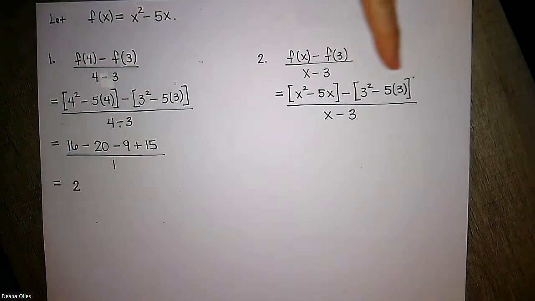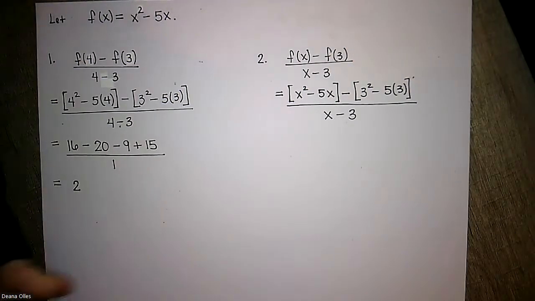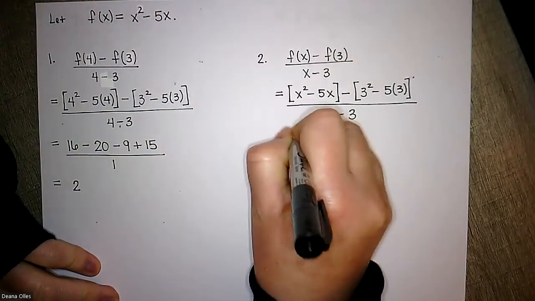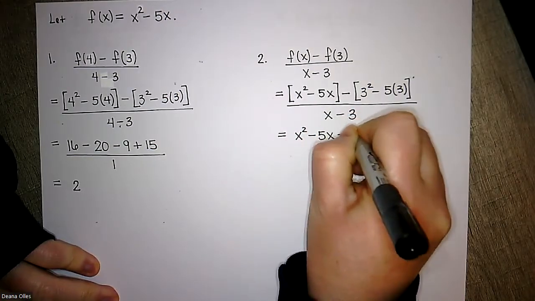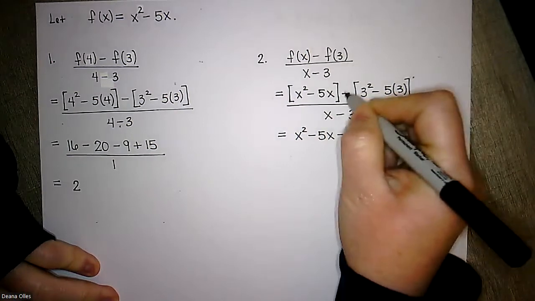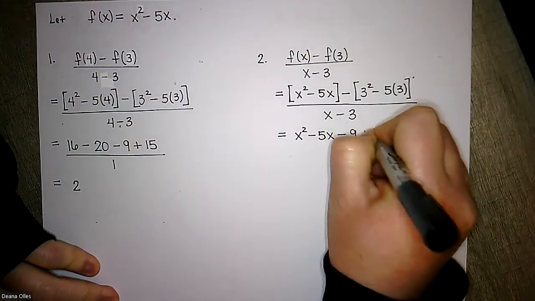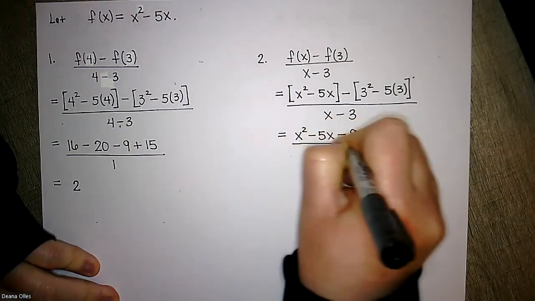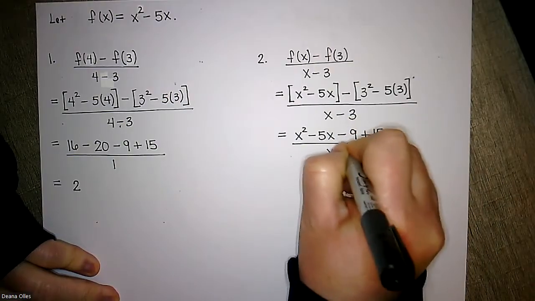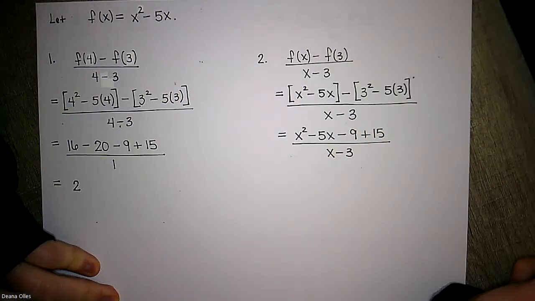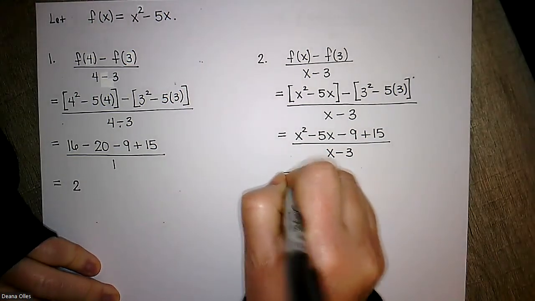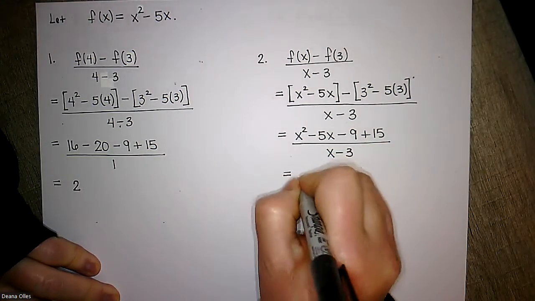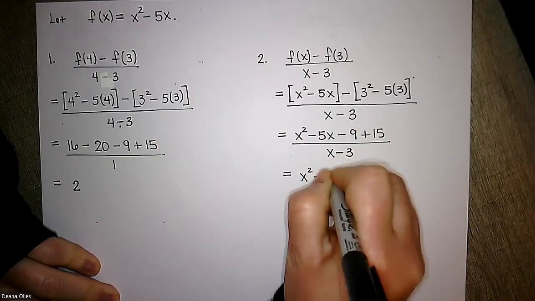I can clean up this stuff in the second group of parentheses. So I have x squared minus 5x minus 9. Again, distribute the negative, plus 15. All divided by x minus 3. And then I notice that I can clean up the negative 9 plus 15, which would be positive 6.